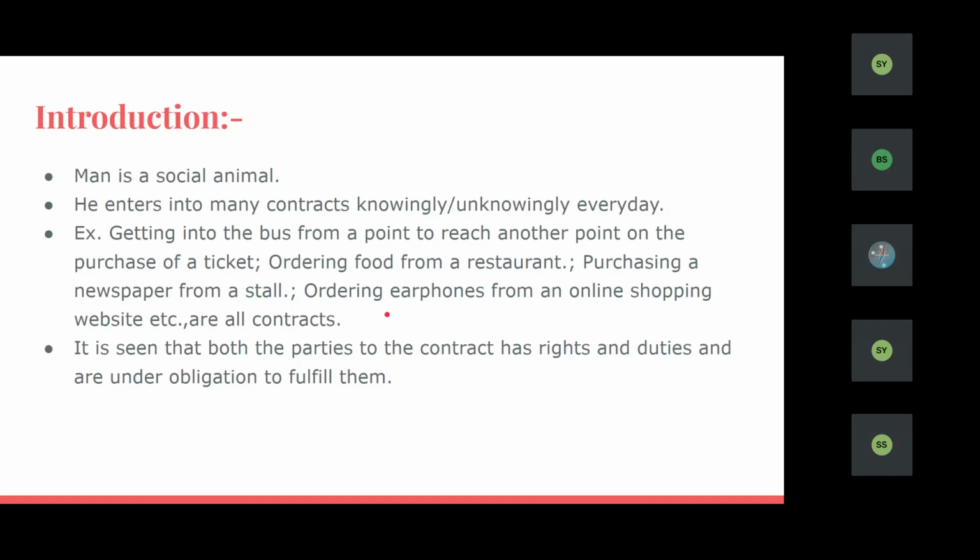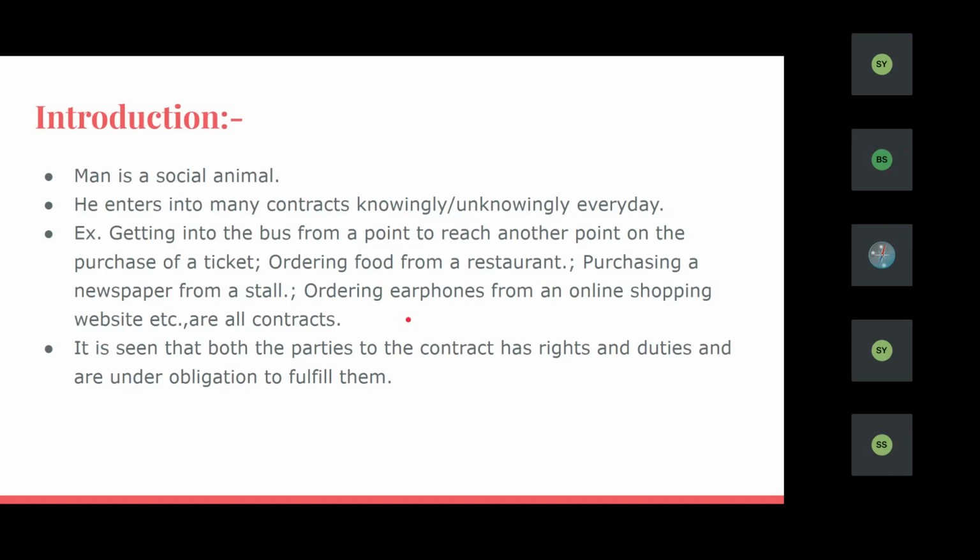So the contract between you and the online shopping website was that when you are paying so and so amount, say 500 rupees was the worth of the earphones, you have paid it, right? So the online shopping website's duty was to send these earphones to your place. They have failed to perform their duty, so you can bring an action against them, right?